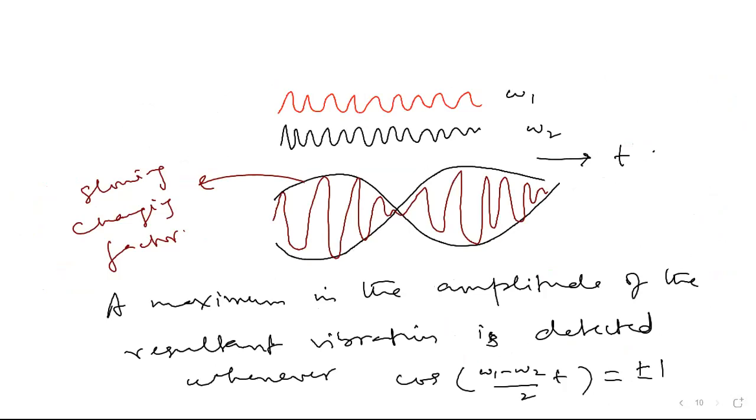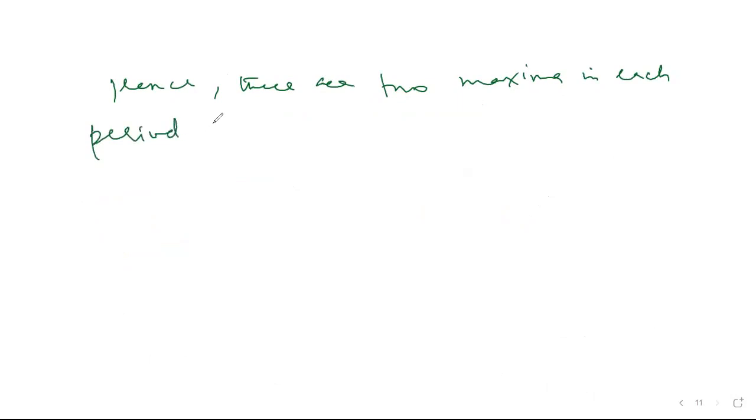Hence, there are two maxima in each period of the envelope wave, right? Hence, there are two maxima in each period of the envelope wave.